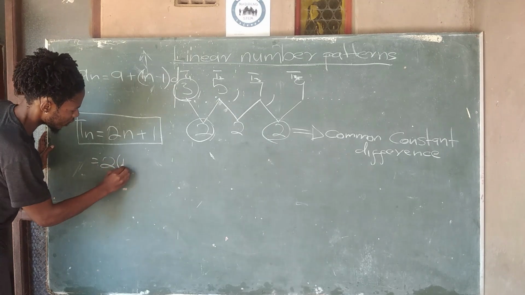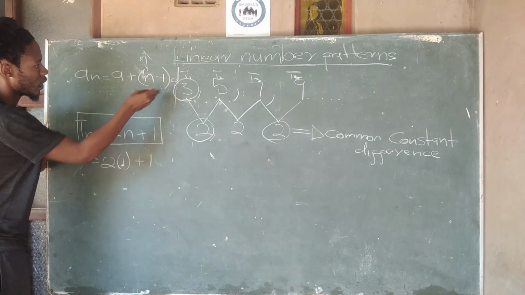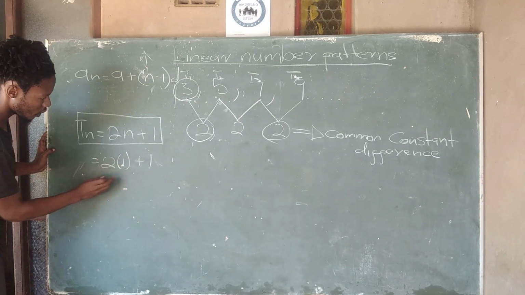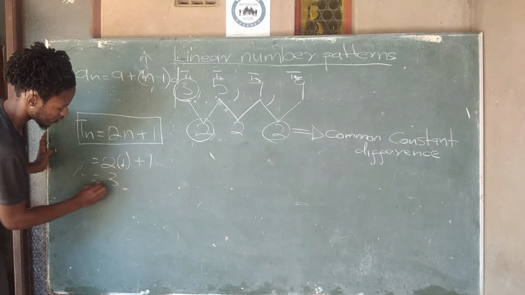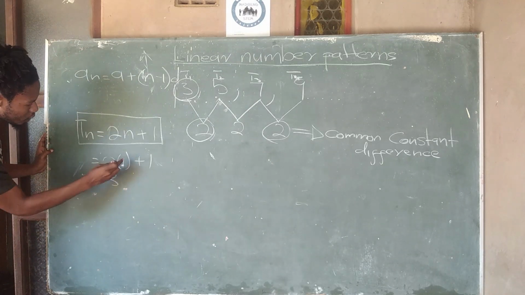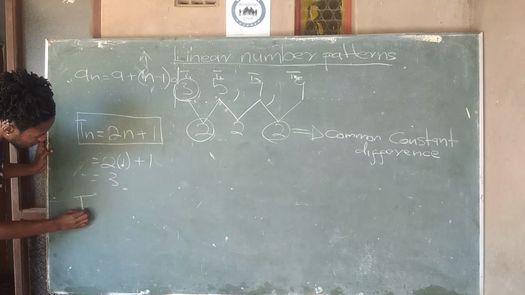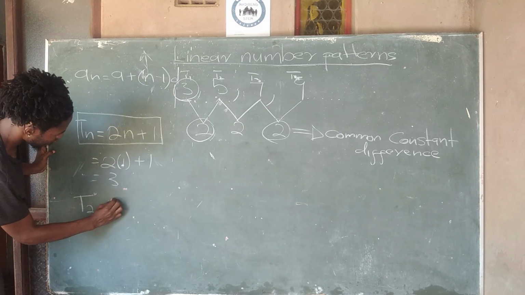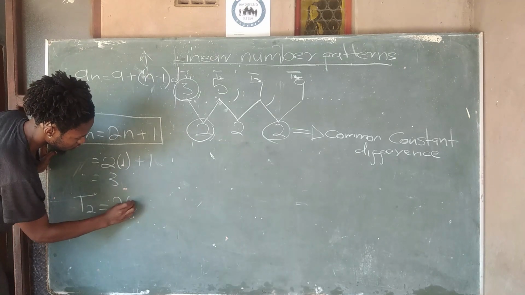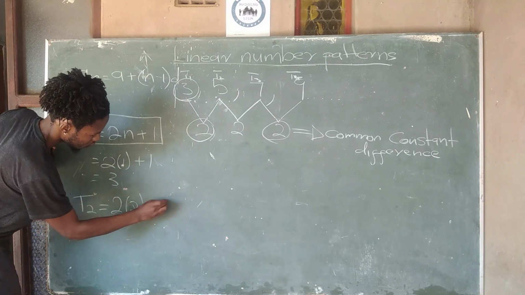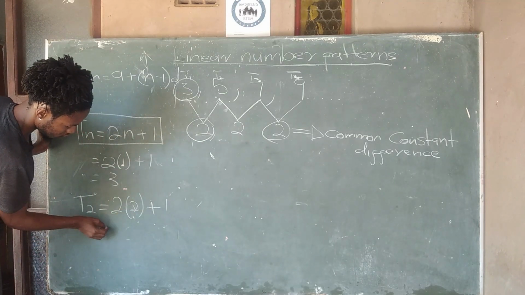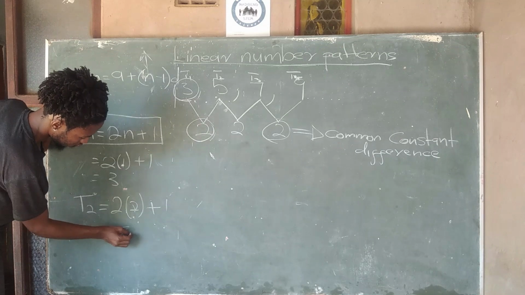You can substitute 1 here to see if you get 3. What is 2 times 1? 2 times 1 is 2, plus 1 is 3. You see, guys. If you insert 2 here to find term number 2, 2 times 2 is 4, plus 1 is 5.